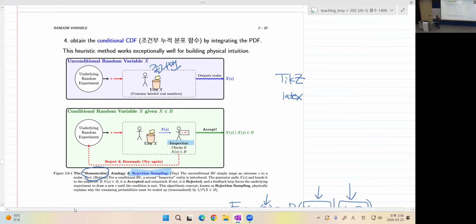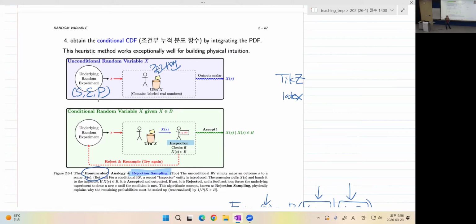So this conditional distribution is now well described in this figure. Probably you remember what is a random variable. We assumed that here is underlying random experiment modeled by a probability space, S, E, the sigma algebra, and probability measure P. And it generates outcome S. And what is a random variable? Random variable is a mapping rule that accepts S and generates a real number.